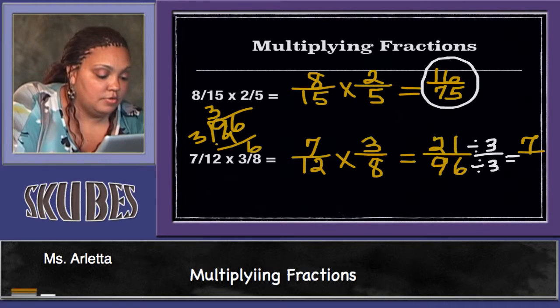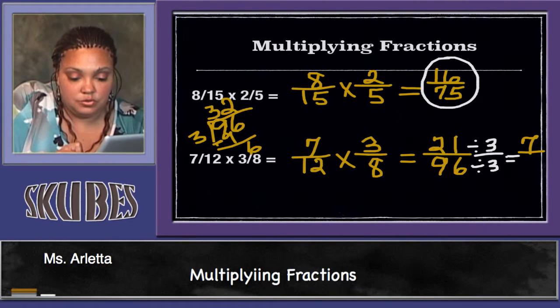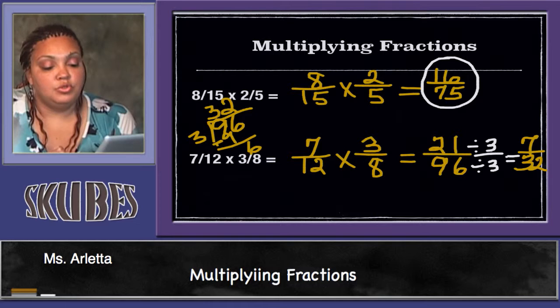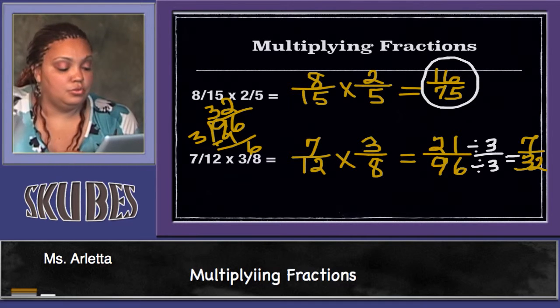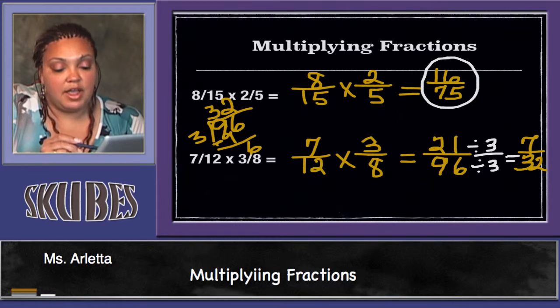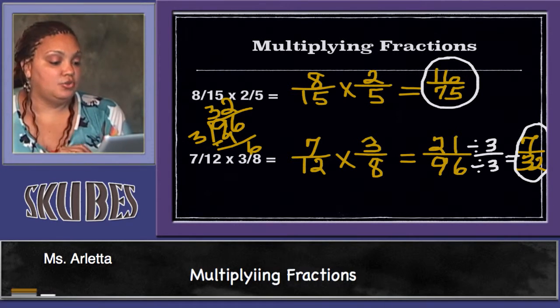When you subtract, you have 6. 3 goes into 6 2 times. 2 times 3 is 6, so we know it's 32. 7 over 32. Is there a common factor between 7 and 32? And your answer is no. So we have simplified the fraction to 7 over 32, and that is your final answer.